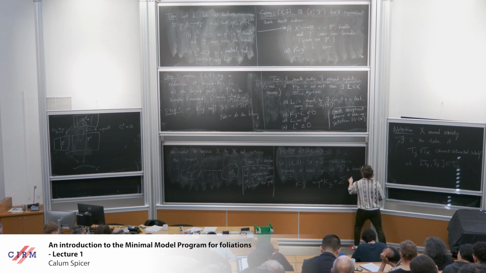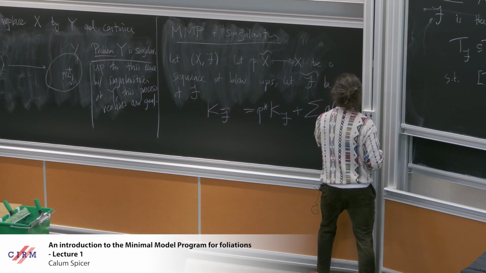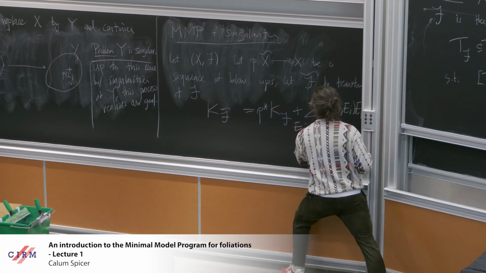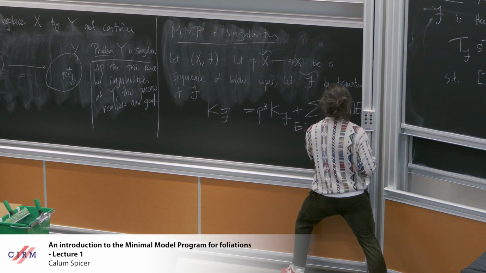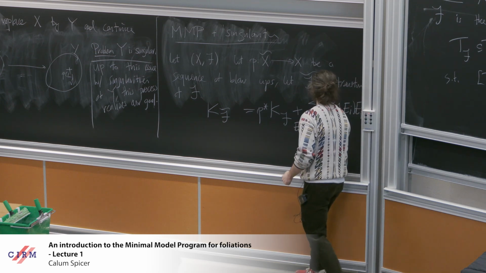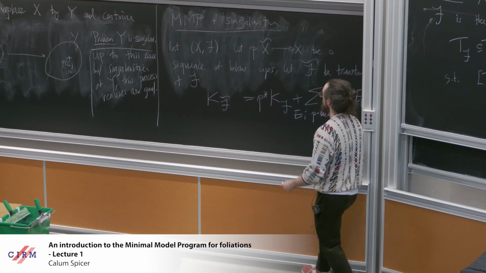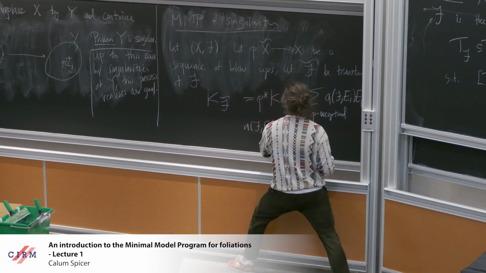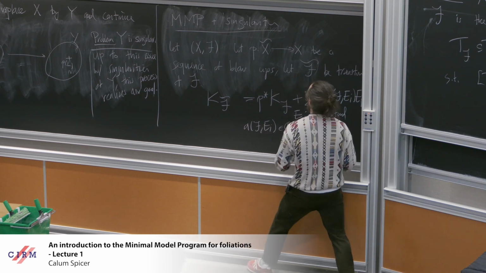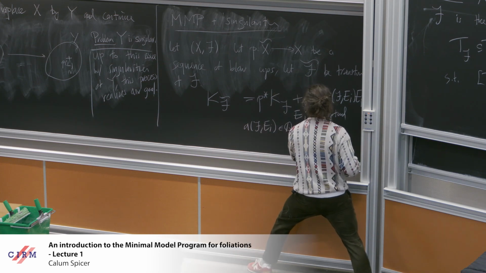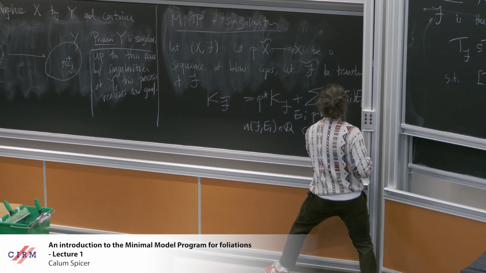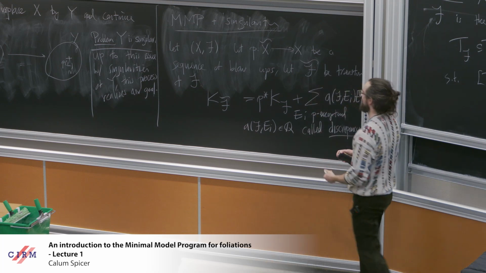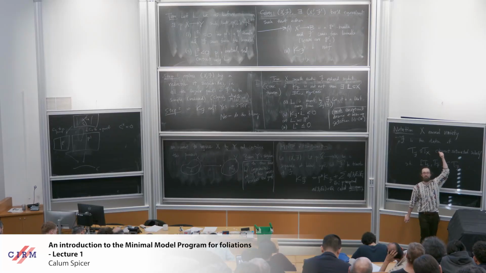So where the E_i are P-exceptional, and the a(F, E_i) are just some numbers. It's a rational number called the discrepancy, because it measures the discrepancy between the canonical divisor upstairs and the canonical divisor downstairs.